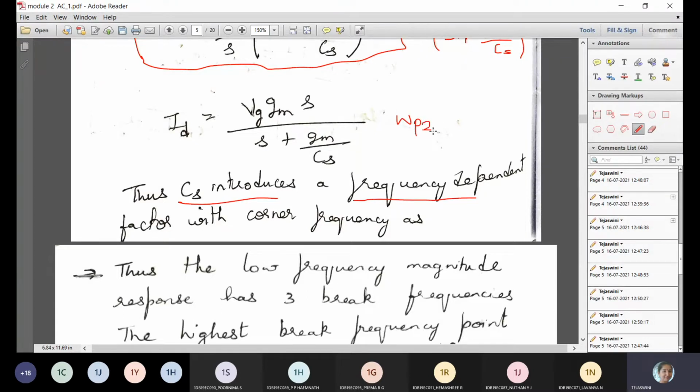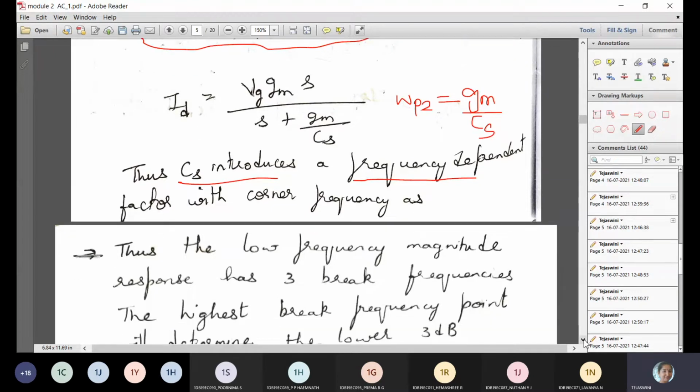So omega P2 is Gm by Cs, or FP2 is Gm by 2 pi Cs. I hope you are noting it down. Yes. So next.